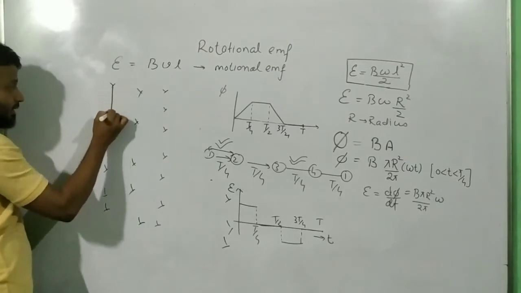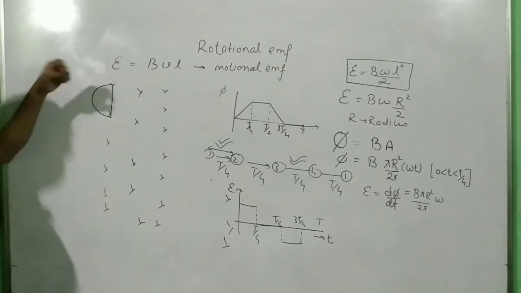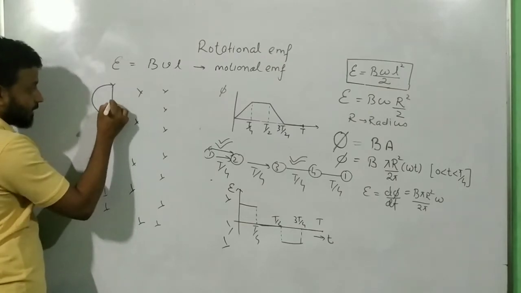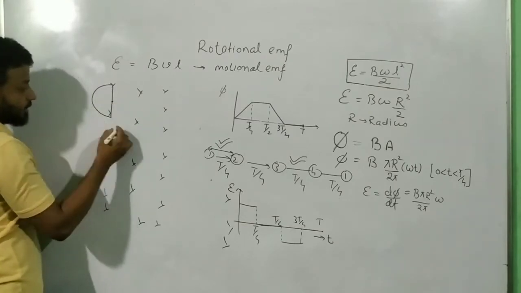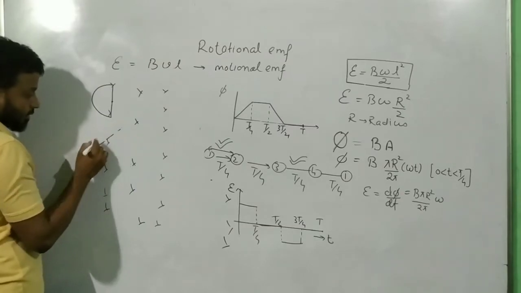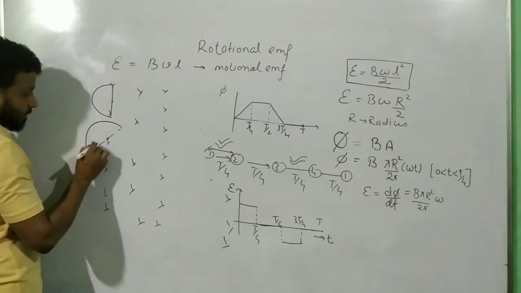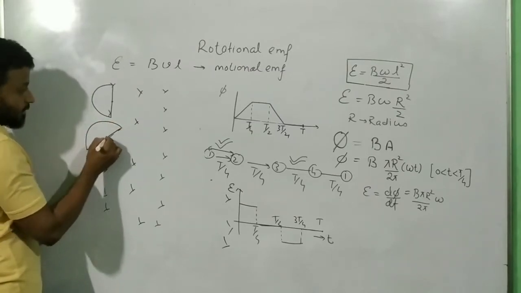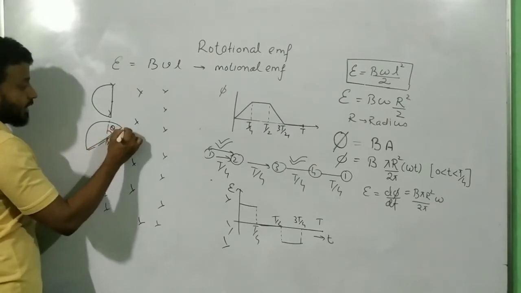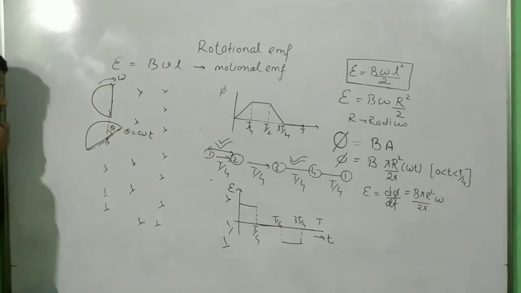Say that this is my semicircle. Now it starts entering. At any instant of time, this is the center about which it is rotating. Say that it has entered by an amount theta, where theta is equal to omega times t, and this is the rotation omega.